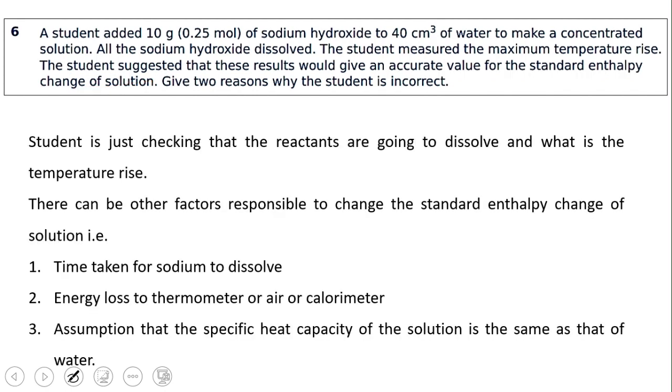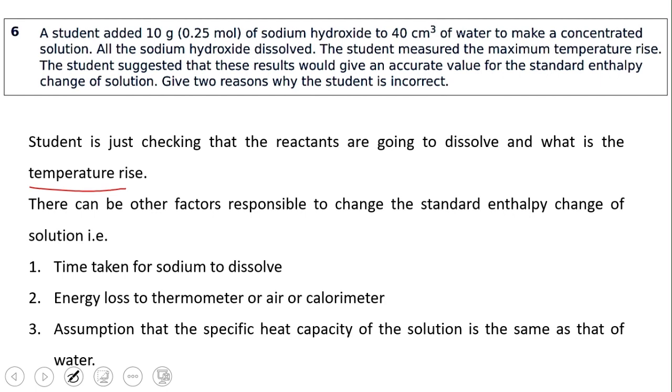So what we can write here is that the student is just checking that the reactants dissolve, and it is just checking the temperature rise here. So these are not the only factors which are responsible for enthalpy change of solution. There can be some other factors. Because of this, the value of enthalpy change of solution can be different. So this method is incorrect.